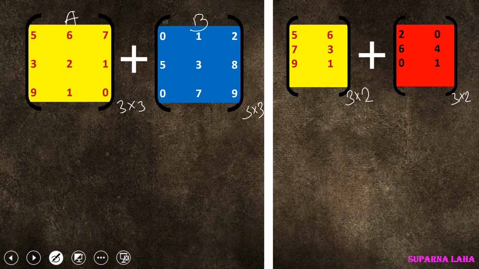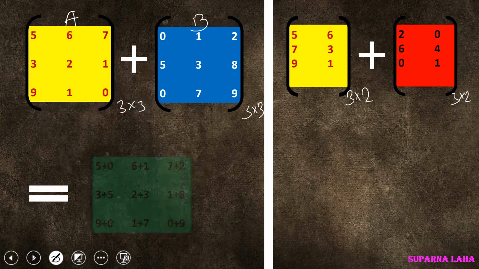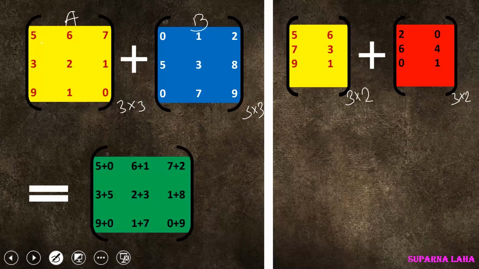Now if we have to add these two matrices, you just have to add the corresponding elements, that is, first row first element with first row first element. For the first element, here it is 5 and here it is 0, so 5 plus 0.